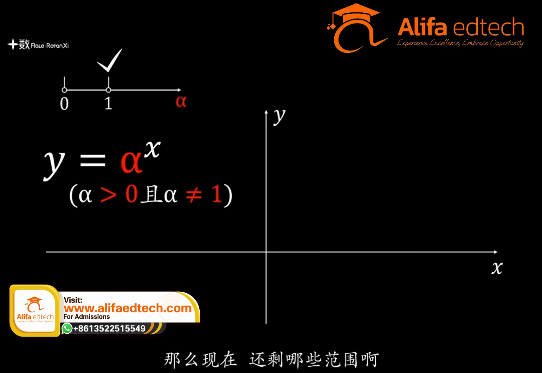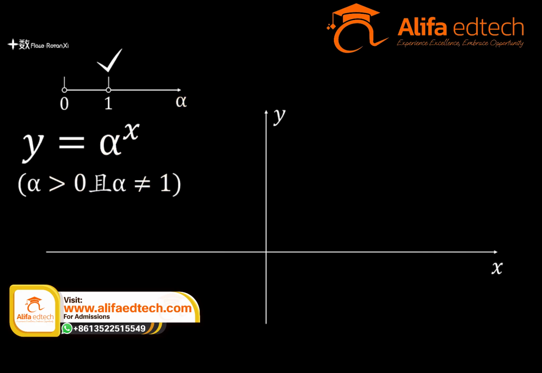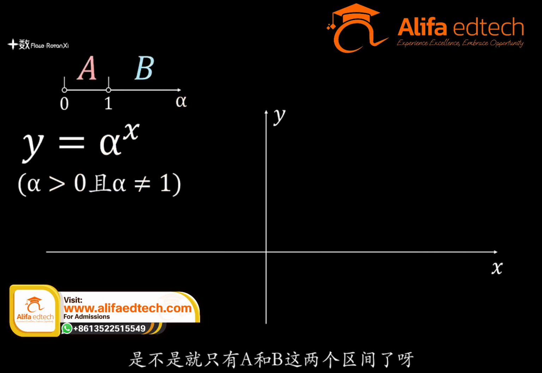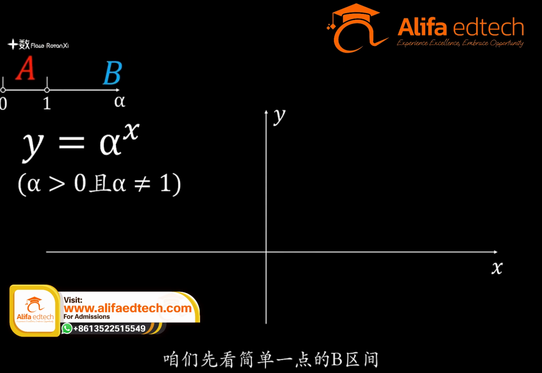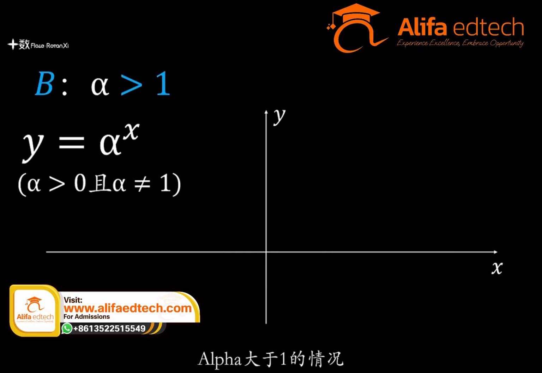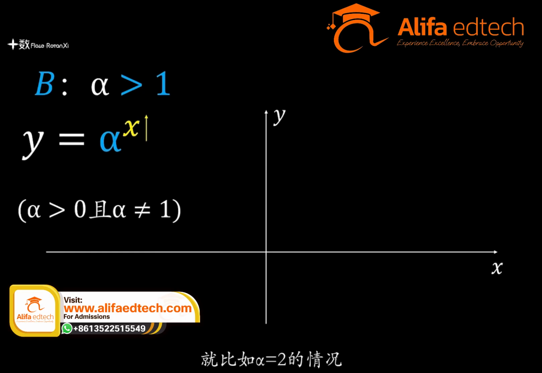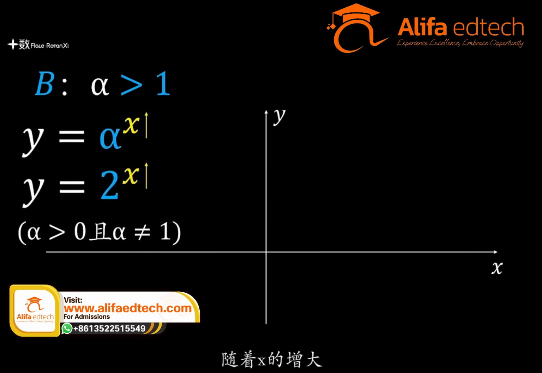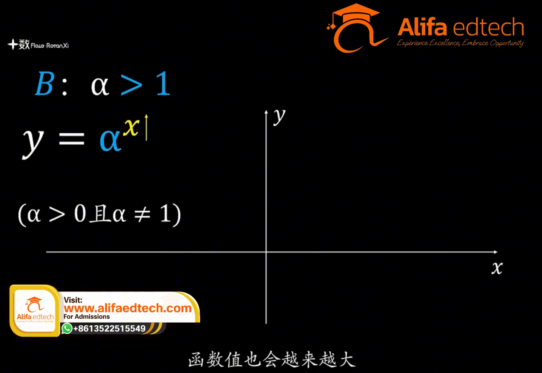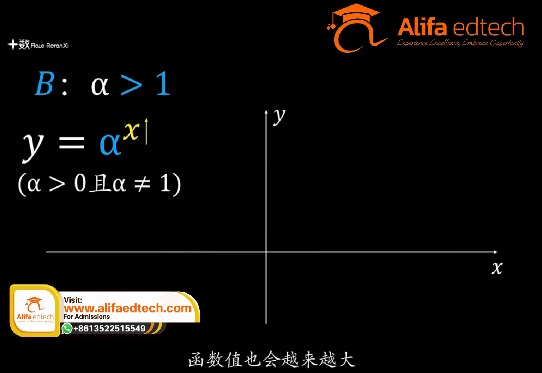So what ranges remain? Are there only intervals a and b left? Let's first look at the simpler interval, b. The case where alpha is greater than 1. As the exponent x increases, won't the function value also get larger? For example, when alpha equals 2, as x increases 1, 2, 3, the function value also increases.